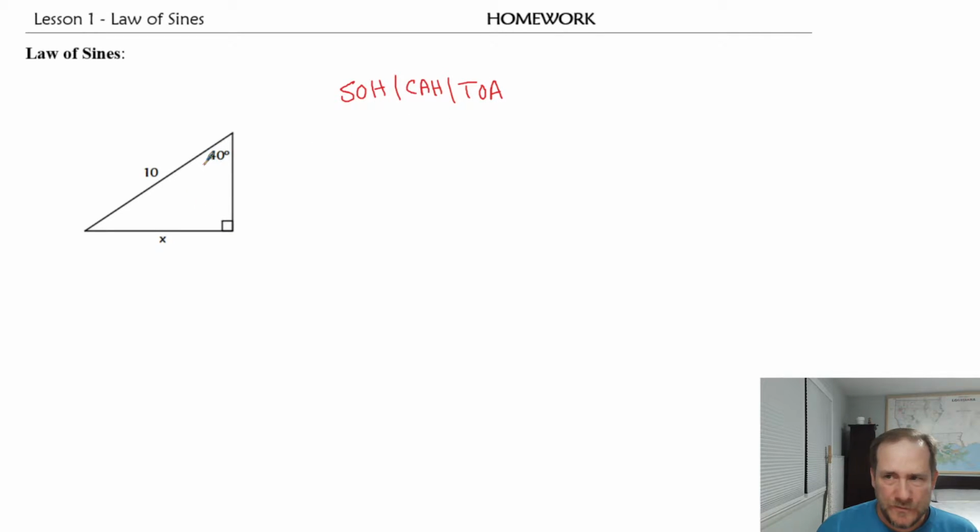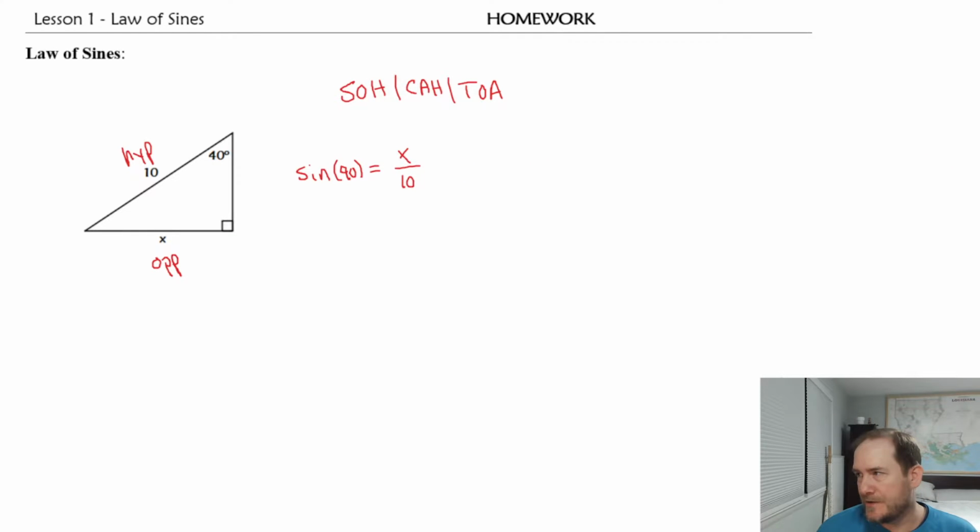But looking here, we've got the given angle 40, opposite from that is x, and the hypotenuse is 10. And so SOHCAHTOA tells us that if we want to use 40 in this problem, then we would need to set up a ratio of opposite side and hypotenuse, which you can see as the sine function. So you'd say the sine of 40 is equal to the opposite side, which is x, divided by the hypotenuse, which is 10.